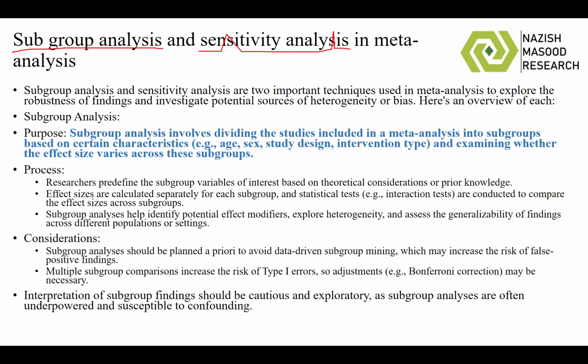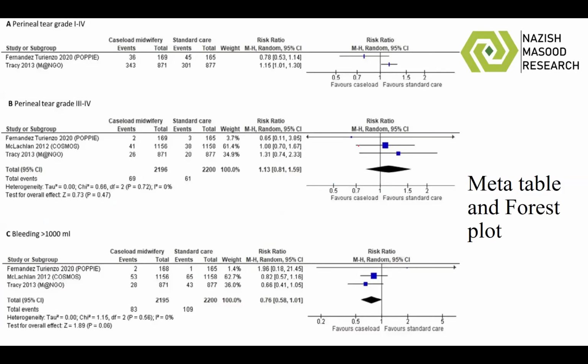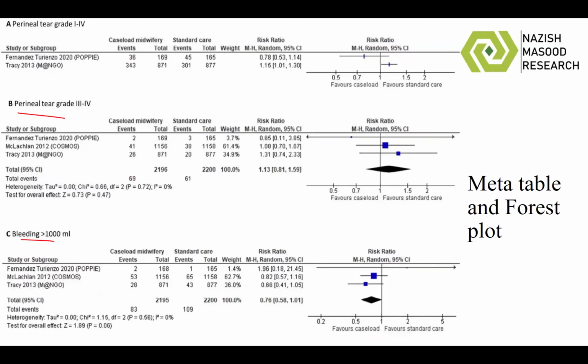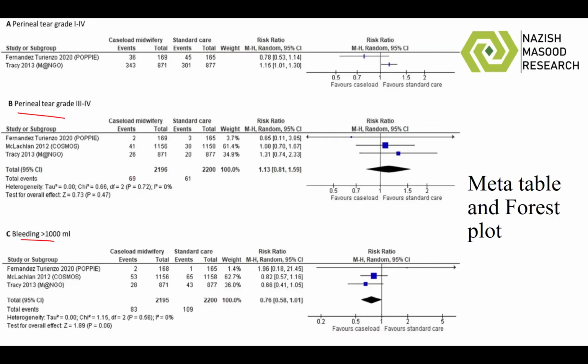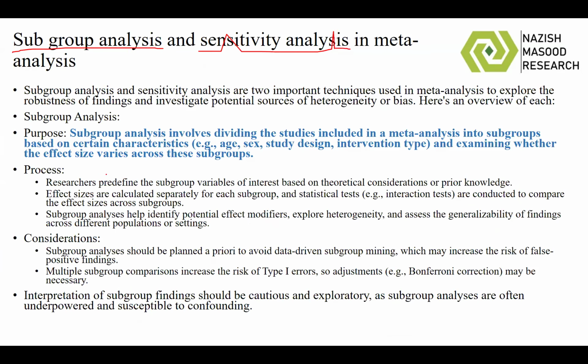So, what is a subgroup analysis? You already saw that in the case study that we covered, the subgroups covered perinatal tear, bleeding, preterm birth. So, within the overall infant mortality and maternal mortality, these subgroups were delving into other outcome variables, right? Subgroup analysis involves dividing the studies included in the meta-analysis into subgroups.